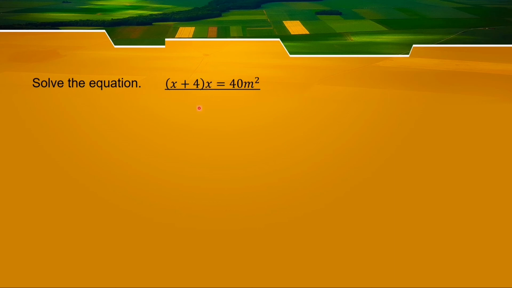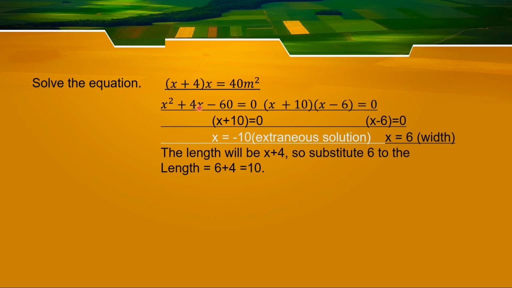To solve this one, we have the factors. It is first written into its standard form and equated to 0. Then what are the factors of negative 60 whose sum is positive 4? So those factors are positive 10 and negative 6.